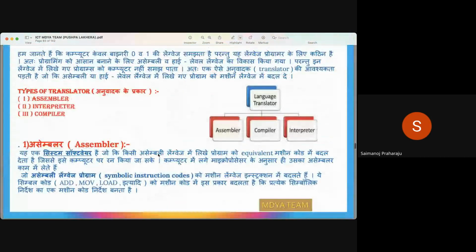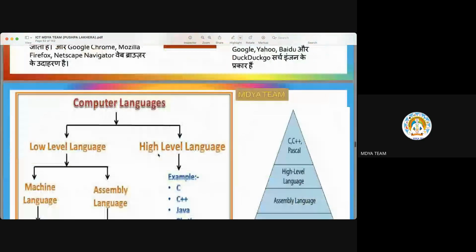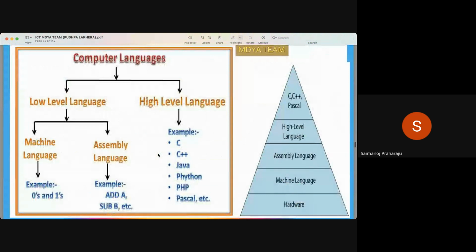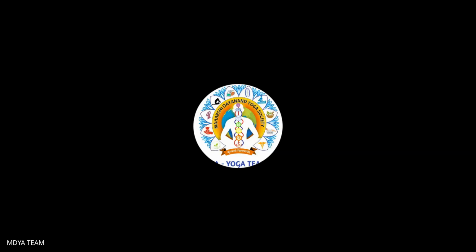Ma'am, can you share some references or these notes? Because sometimes during the class we'll be unable to make notes, and some part is in Hindi, right? So any references you can give, so that we can refer and make notes. Actually, I don't have any separate book or text.